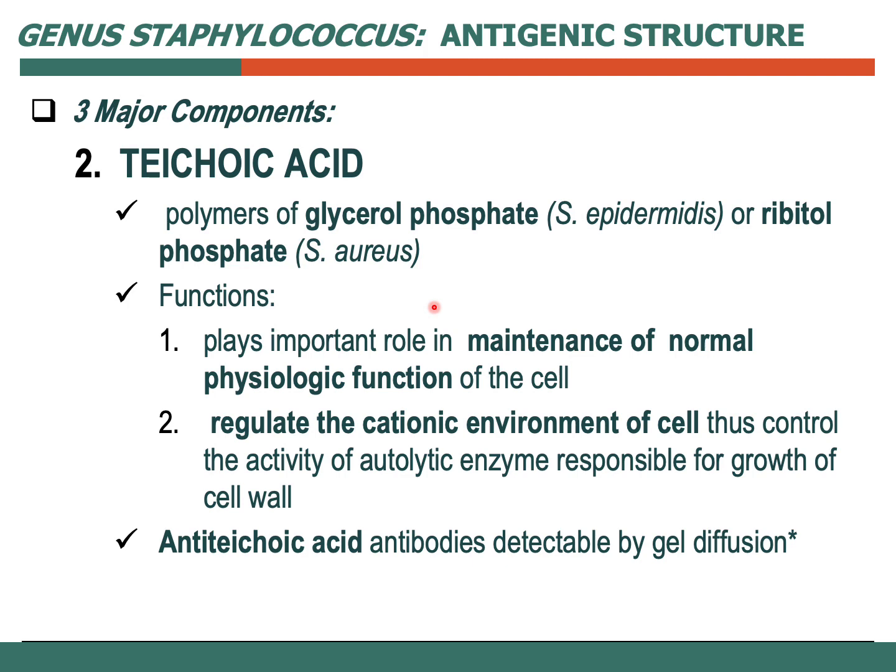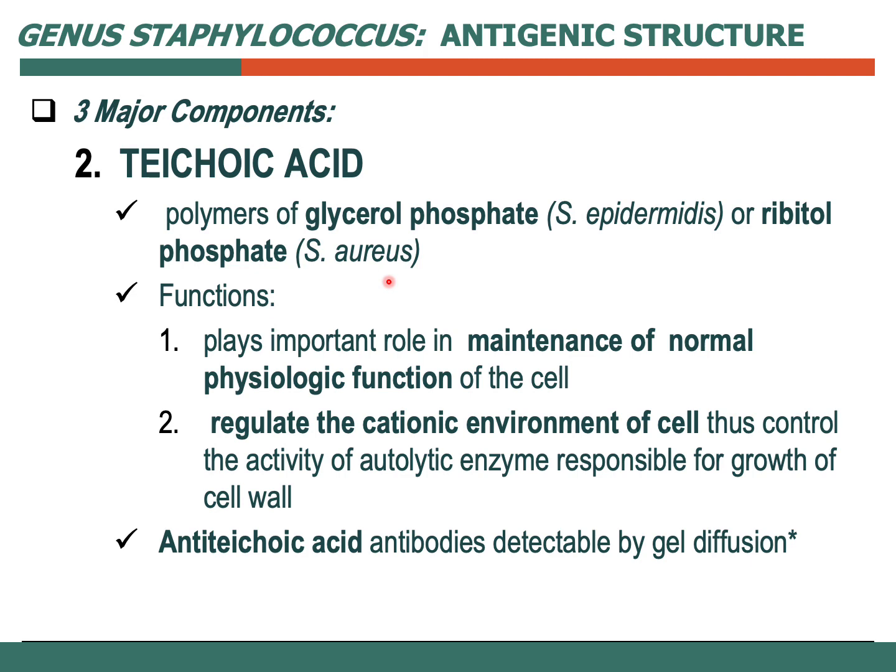You also have their teichoic acid. Teichoic acid is a polymer of glycerol phosphate or ribitol phosphate. Glycerol phosphate is present in Staphylococcus epidermidis and ribitol phosphate is present in Staphylococcus aureus.